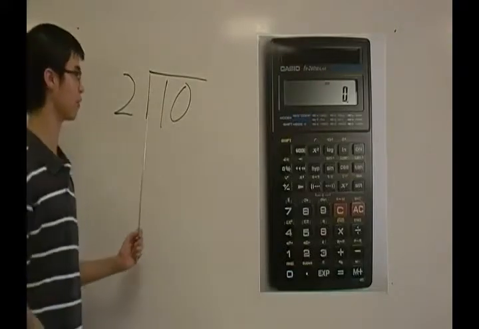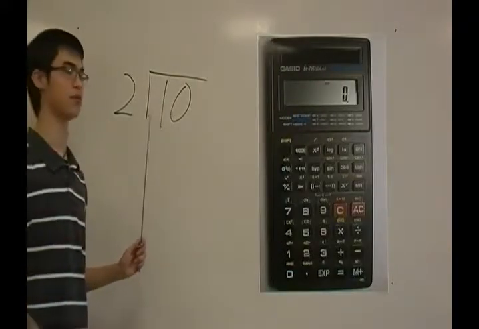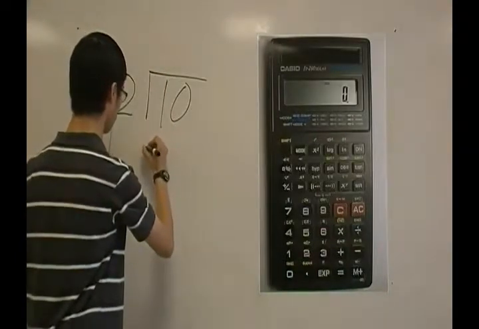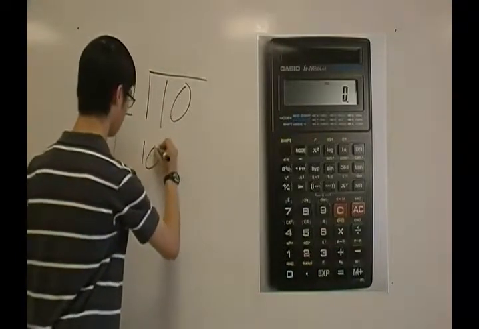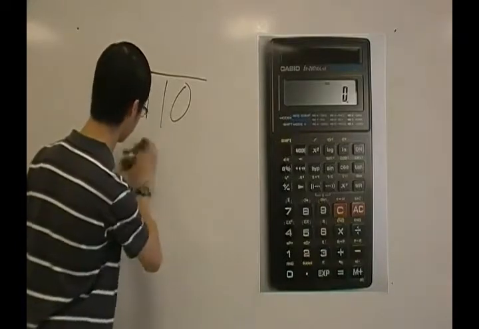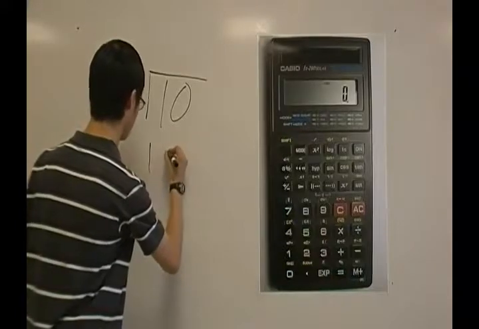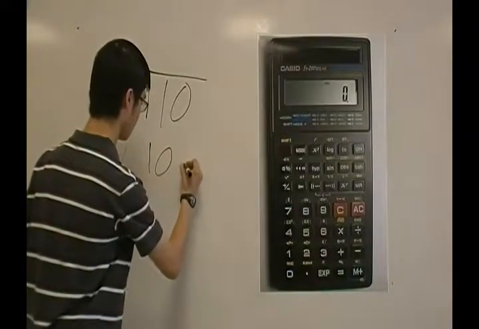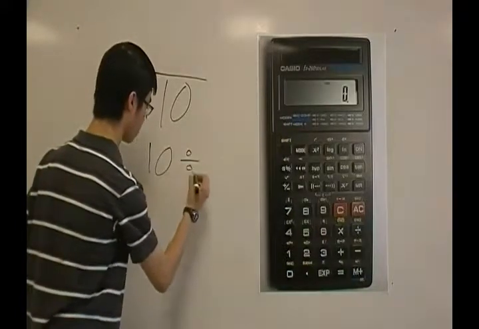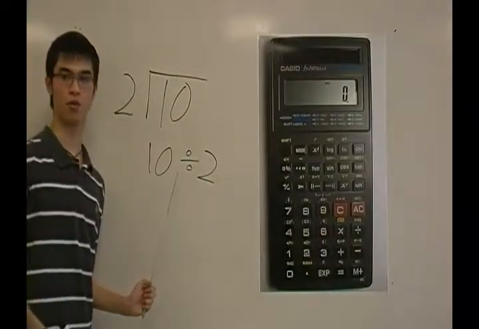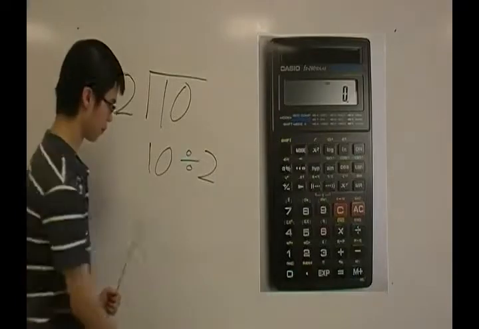Alright, this is division. Now, you may also see it on the test as this. That's also how it will look on the test.